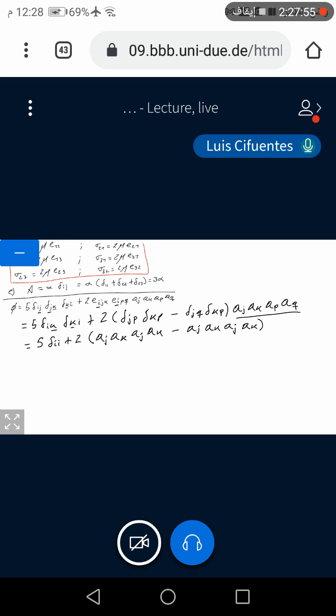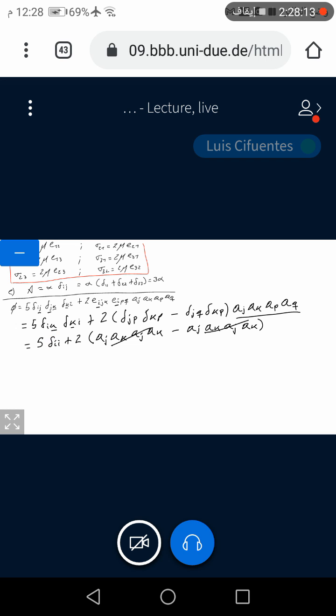They have the same index, so we cancel. We will end up with this delta Kronecker with repeated index.